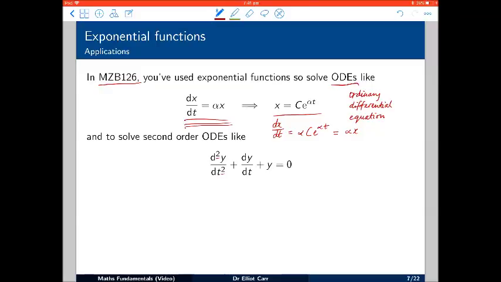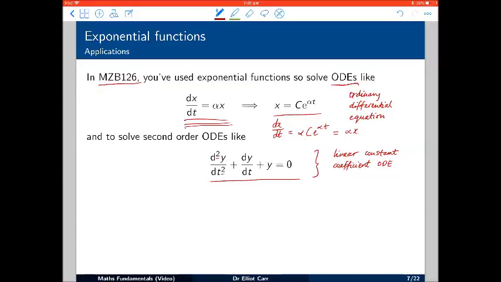So we can also use exponential functions to solve differential equations of this form. And this is an example of a linear constant coefficient ODE.